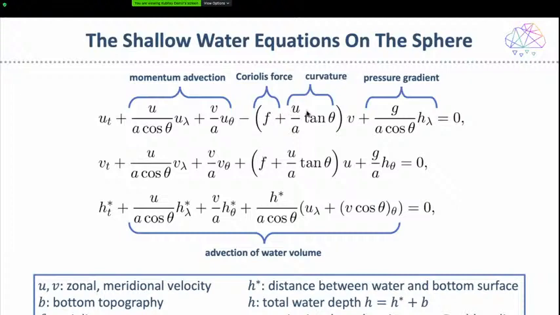Because we are not in spherical coordinates, we also have some curvature terms in addition to the ones that we usually would have. And because of gravity, we have a pressure gradient term that balances it. In the equation for the sea level elevation, all these terms describe somehow the advection of the water volume. There are different interpretations for these terms, but it's not so important right now.